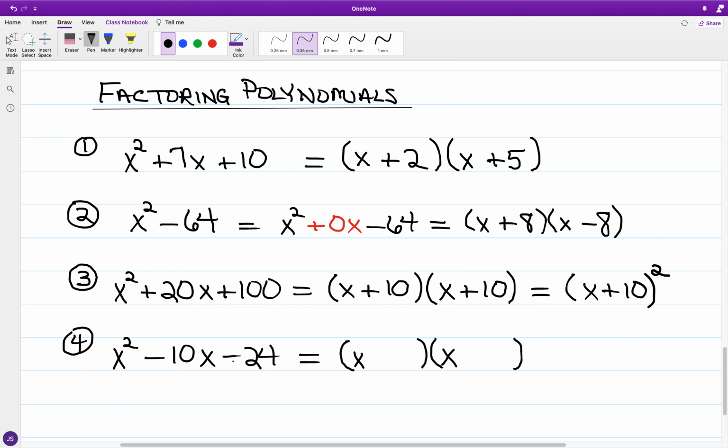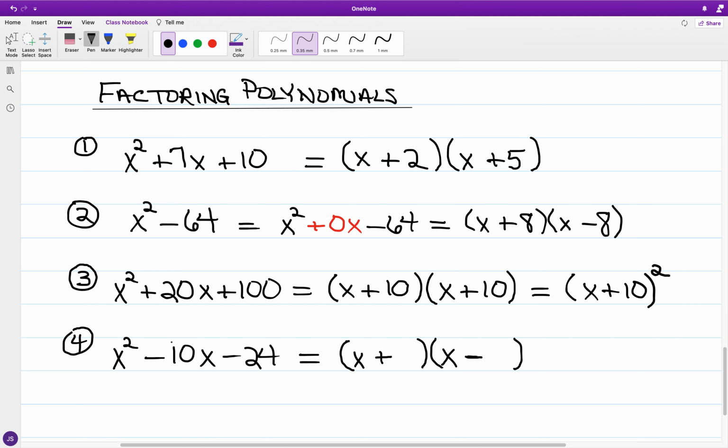Now for negative 24, we're looking at taking two numbers that will multiply into negative 24. One is going to be positive and the other is going to be negative. And the weights will be such that the sum or difference will be on the minus side at negative 10.